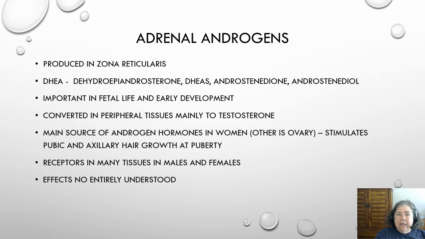And the adrenal androgens are responsible for the pubic and axillary hair growth that occurs at puberty. There are receptors in many tissues in both men and women, and we do not entirely understand all of the functions of adrenal androgens.